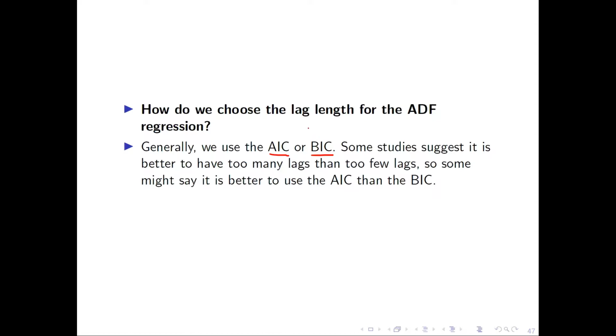And the Akaike information criteria often returns more lags than the Bayesian information criteria, but that is in general no problem. So if they show a different result, then often people choose to follow the Akaike information criteria.